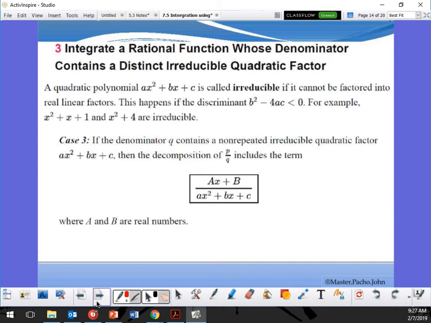So this one's going to be different because it's now ax plus b over that quantity. So this is a trinomial. This technically is a trinomial too, it's just that my middle term is 0x to the first.